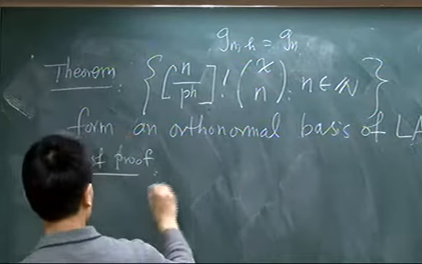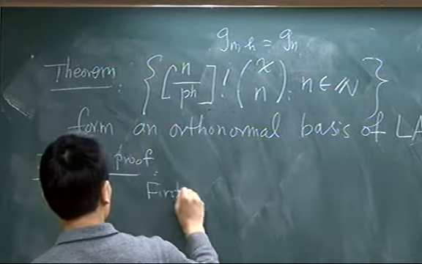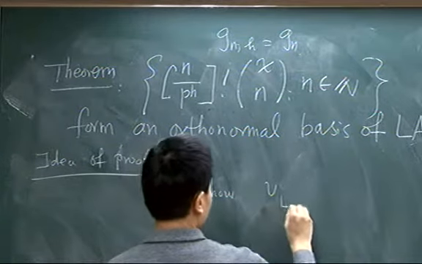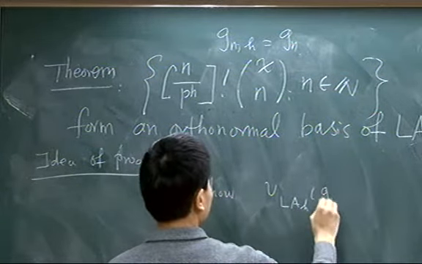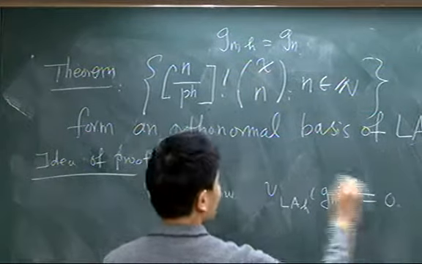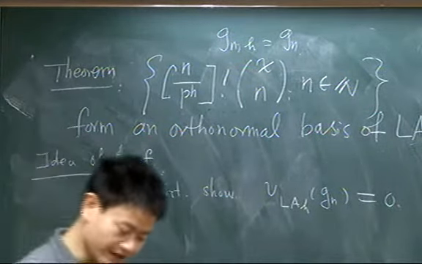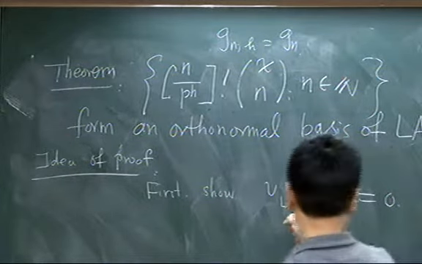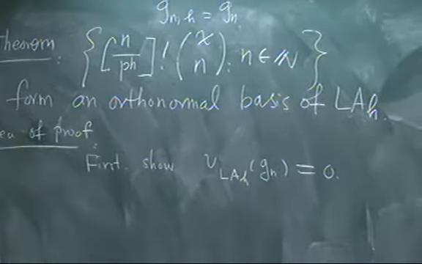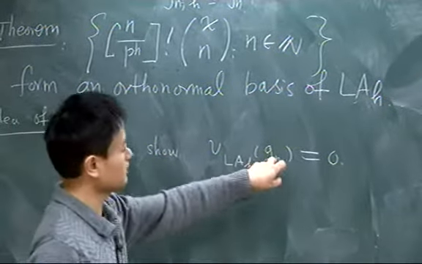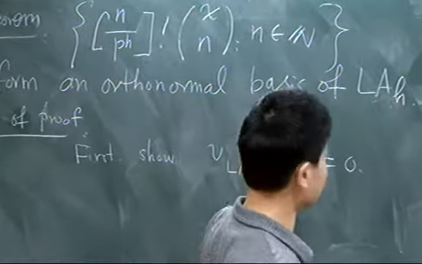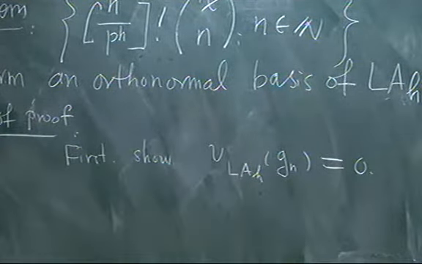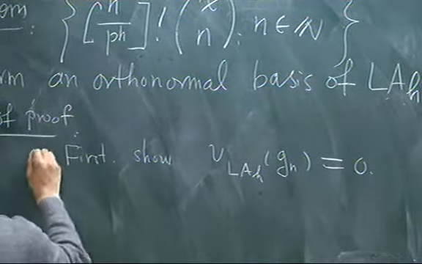So first, you need to show this valuation of G_n in L A h is always 0, which just means this G_n is contained in L A h 0. And how do you prove this? You have to relate this G_n to this e_{n,h}, and then compute it. This is the first step.